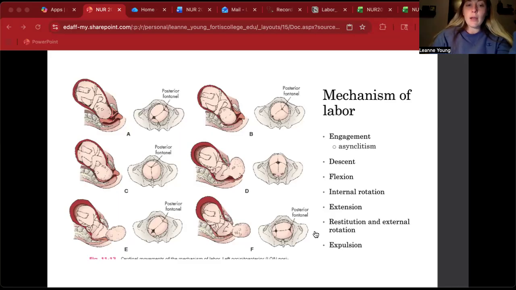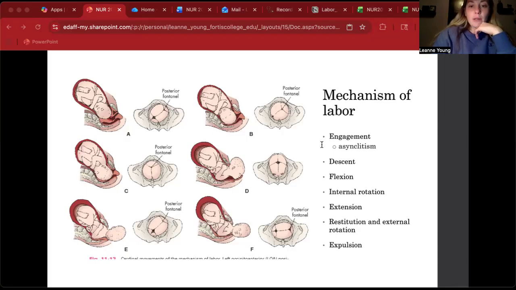This kind of presentation is when baby's head and maternal pelvis don't line up as effectively. So we see long labor and irregular contraction patterns. An important term you need to know is cephalopelvic disproportion, which is whenever the baby's head is not in a good spot in the pelvis and it's impeding descent. It's messing up our labor process.